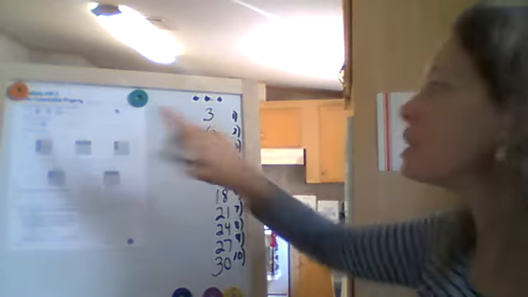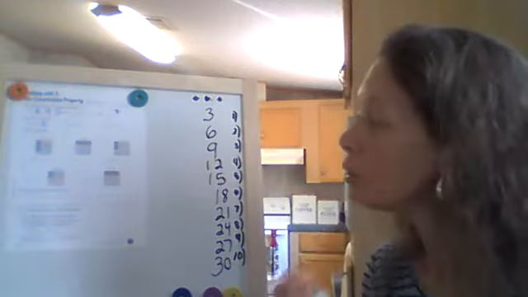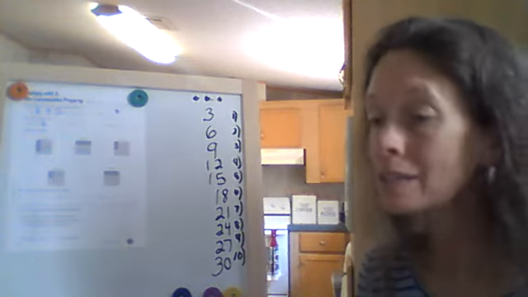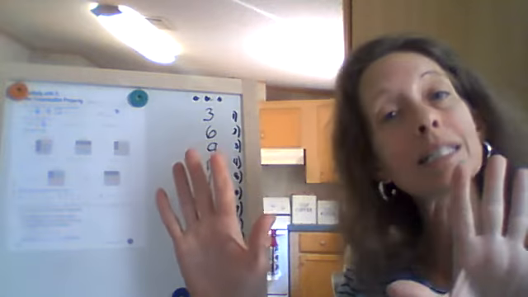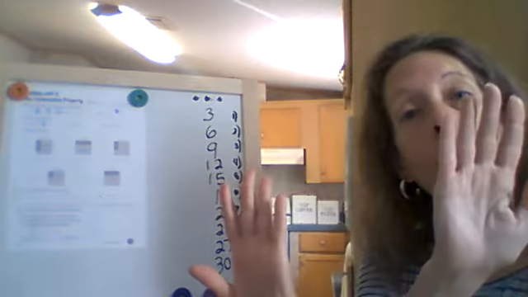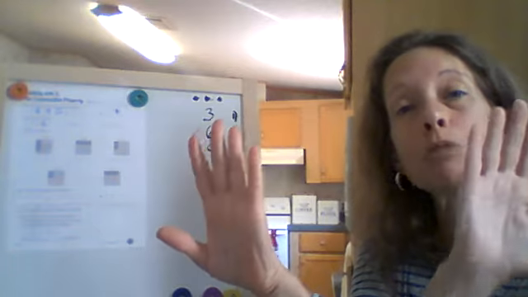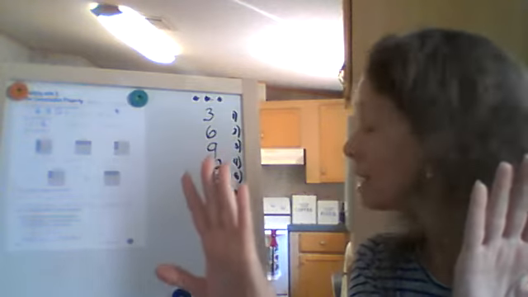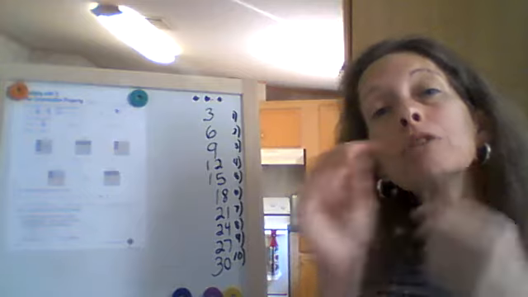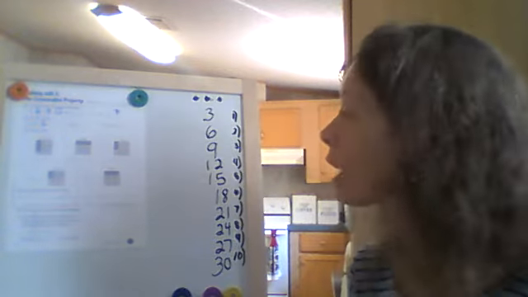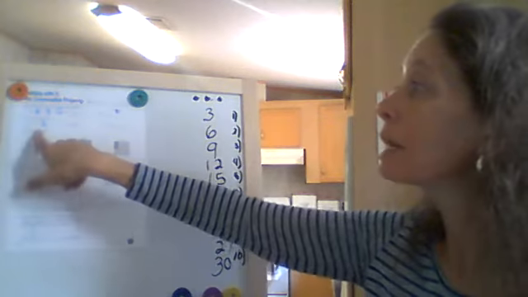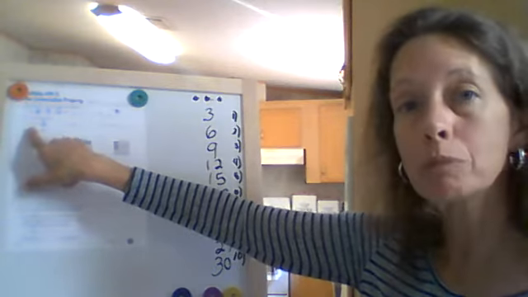And then the next one says 4 times 3. Remember, the commutative property says you can multiply 2 times 3 and get 6, or you can multiply 3 times 2 and get 6. Same answer. This is how you can manipulate these numbers to make it even easier. Right now I don't have to memorize my 2 times tables because I've got my 3's and I'm doing 3 times 2.